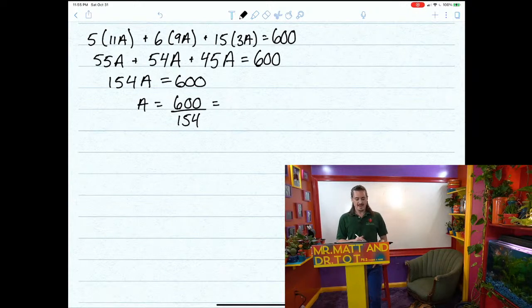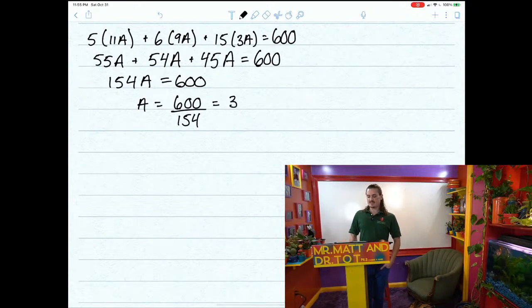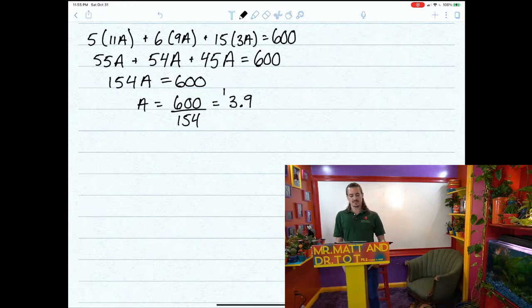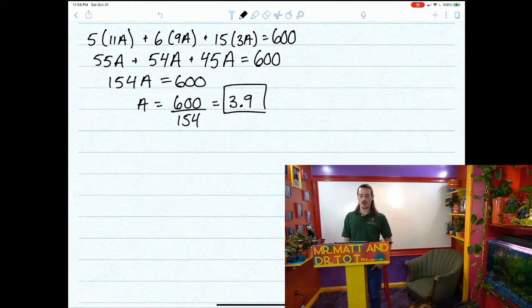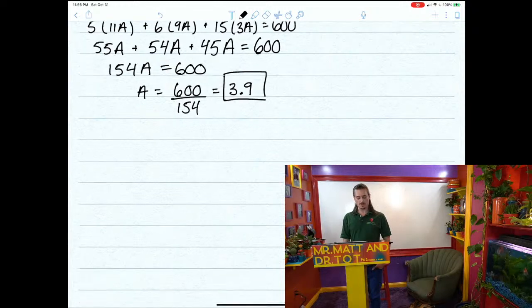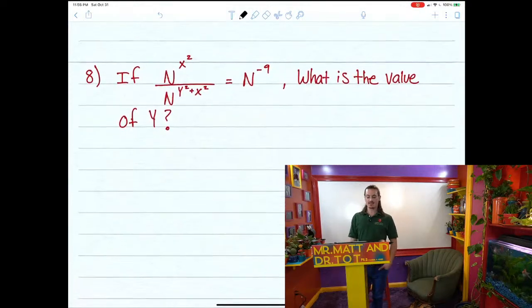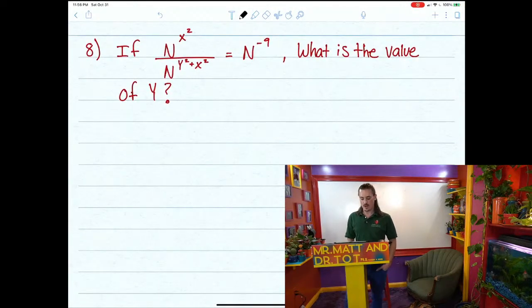Question number 8 asks, if n raised to the x power squared, quantity divided by n raised to the y squared power plus x squared power is equal to 9 raised to the negative 9 power, what is the value of y?